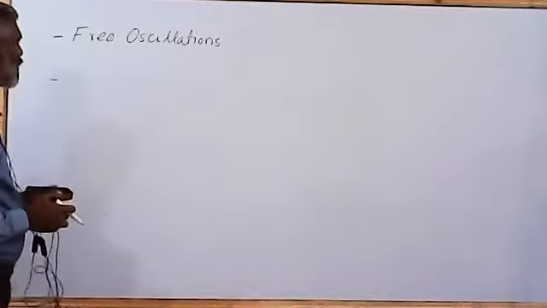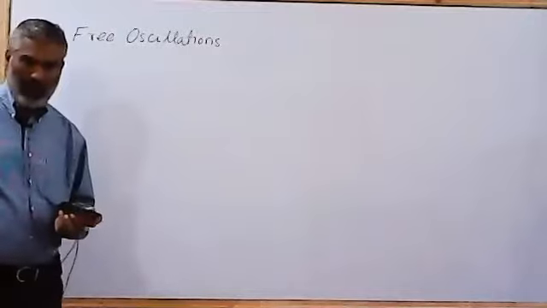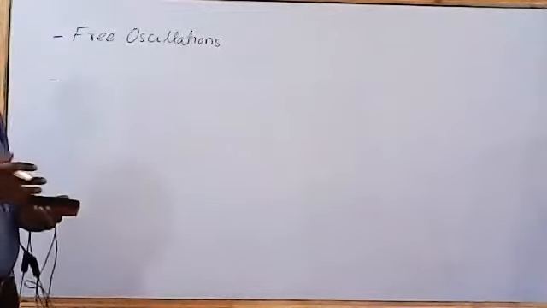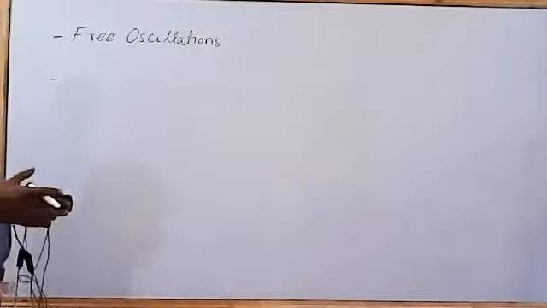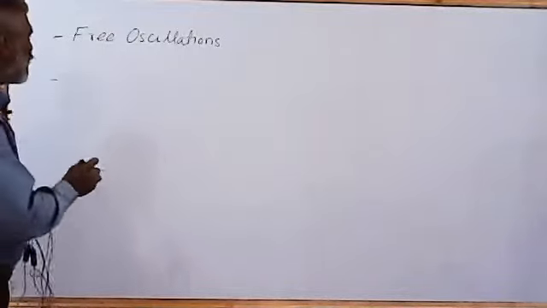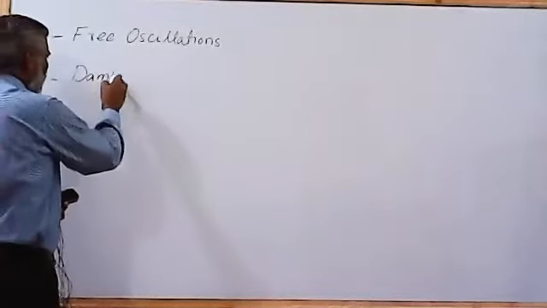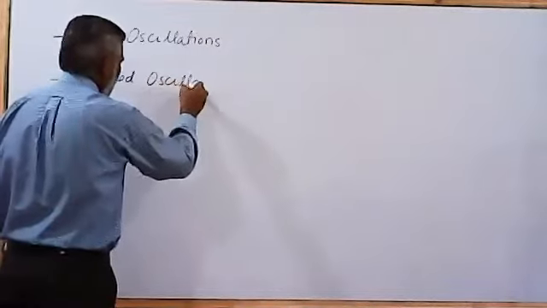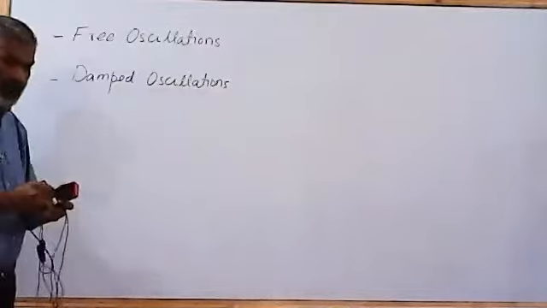So what is the name of the oscillations which gradually lose their energy, as we observe in daily life, that any system that starts oscillating apparently freely comes to rest after a certain time? That is known as damped oscillations.